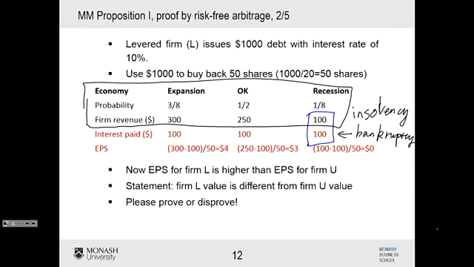And if the economy is in recession, this firm is actually on the edge of bankruptcy, because all the revenue has to pay the interest. You have a cost of earning. How do you pay that? You cannot pay. Once you cannot pay, you're insolvent. And this number didn't change whether the economy is doing good, okay, or in recession.